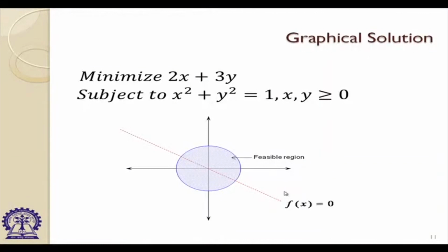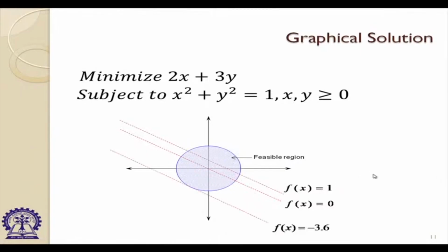Okay. Now we are trying to find the minimization of 2x plus 3y. Now my line is moving. This is f(x) equal to 0 at the point x equal to 0, y equal to 0. Now the function moves this way: if I move this way the functional value will increase, and if I move this way the functional value will decrease. That you know from your mathematical knowledge.